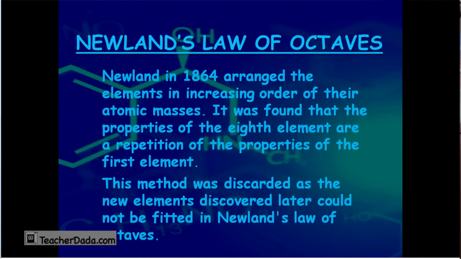In the same way, the first note resembles the 8th note. In the same way, in Newlands' octaves also, the first element had similar properties to that of the 8th element. But this method was also discarded because it could not accommodate the new elements discovered later.